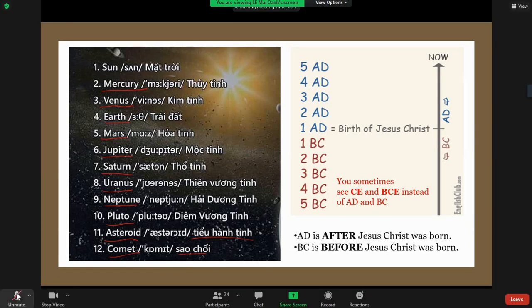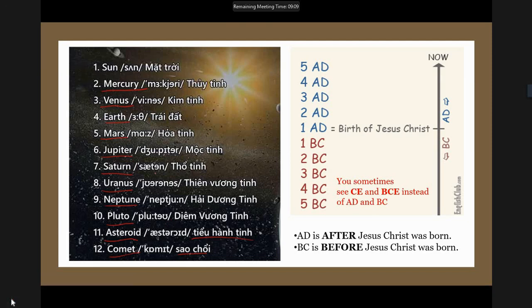Also, you state that there are only eight planets around the sun. However, Pluto, Diêm Vương Tinh, is one more. It also can be considered as a planet, the ninth. However, it is not arranged among the 8 planets around the sun.